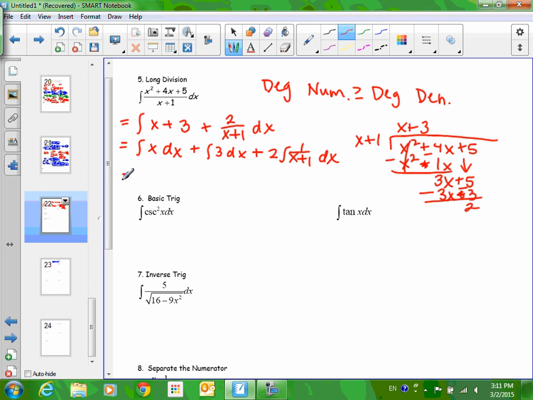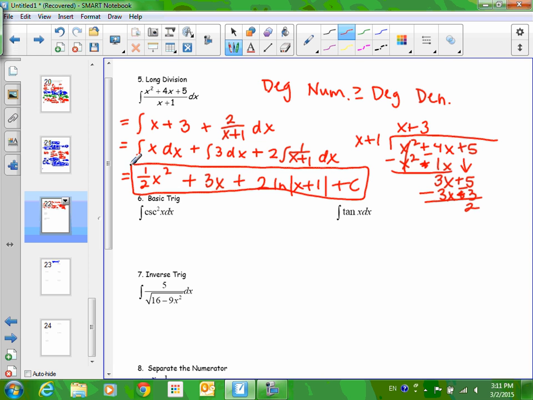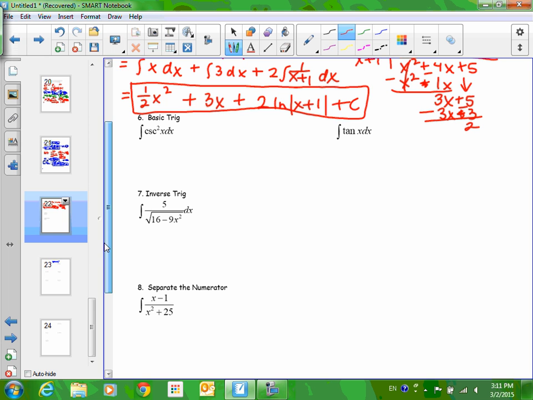Okay, antiderivative of x, 1/2 x squared. Antiderivative of 3, 3x. This you're going to need to do u substitution with. I'm going to skip how to do that, but you get natural log of absolute value of x plus 1 plus c, because you would have let u be the denominator there. But I want to move on to the next part.